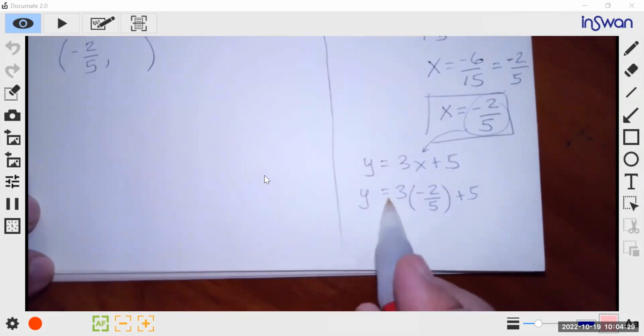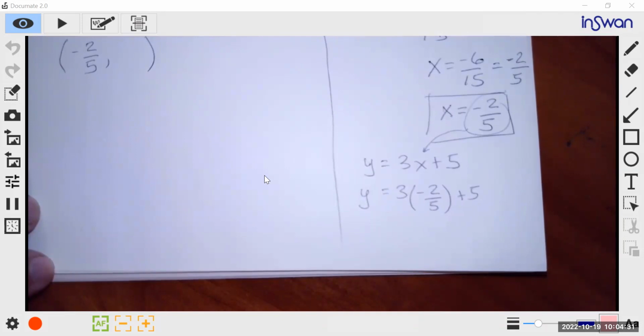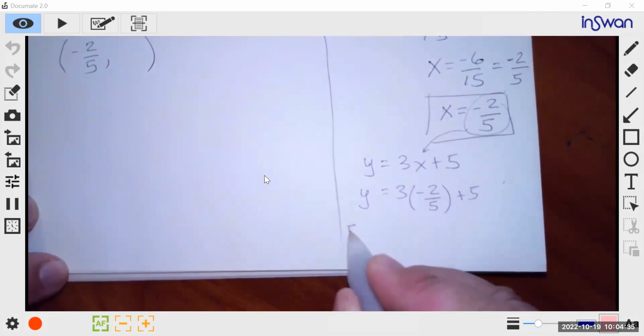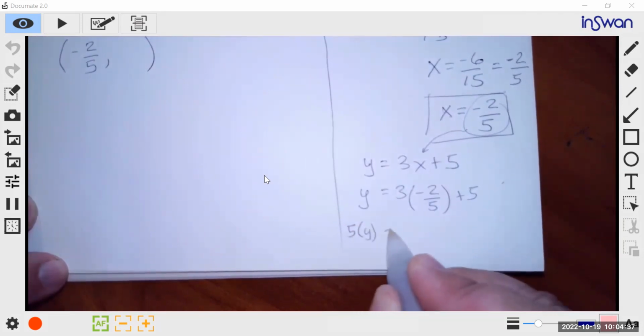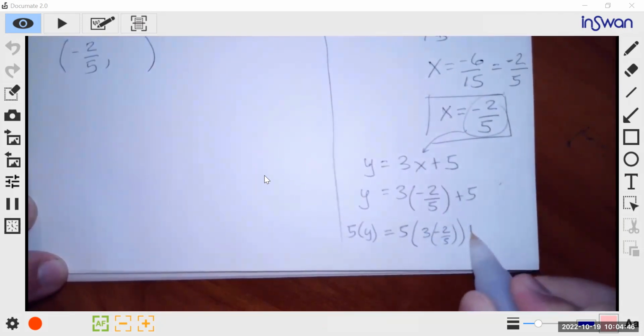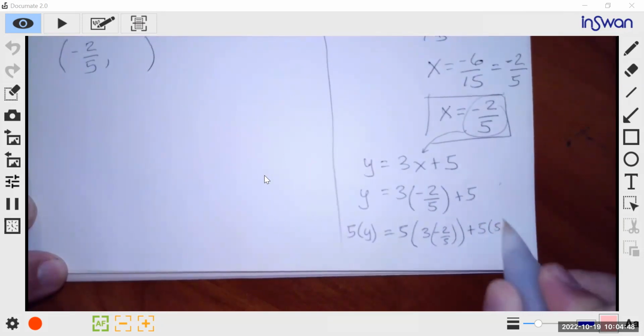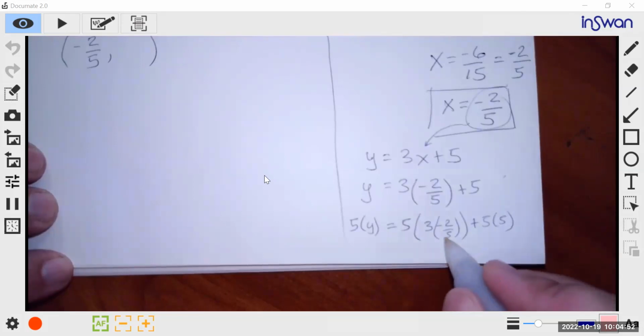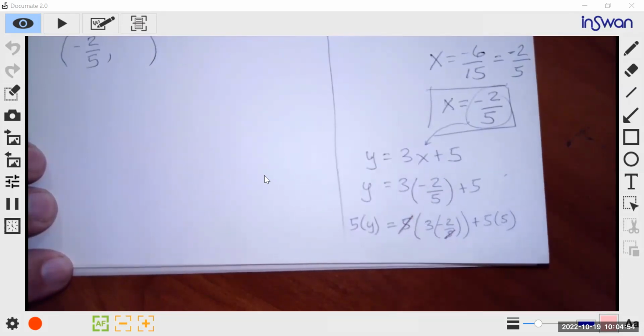We have a fraction and an equal sign. So what's the LCD? 5. So we multiply each term by 5. The 5's cancel.